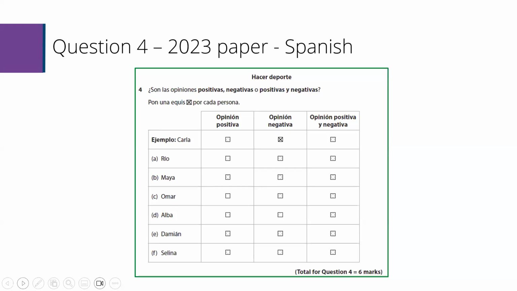And the students, notice, are given a title, in this case, hacer deporte, so doing sport. So they know what they're going to hear those people talk about, and they need to decide whether those opinions are positive, negative, or positive and negative. So that's an example of what we would call an objective question. That's where you have to tick a box or put a cross in a box in this case.